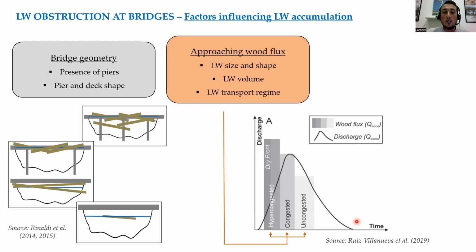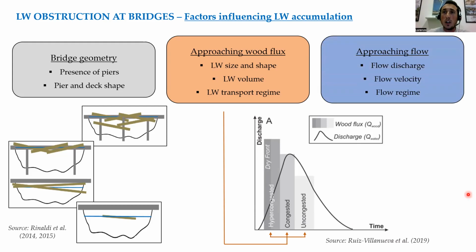So for these elements, the probability of being trapped at the structure is lower, while on the opposite, if we are in a sort of congested transport regime, so there are a lot of elements that are moving as a unique mass, in this case, it's more probable that these elements will stop at the bridge piers.